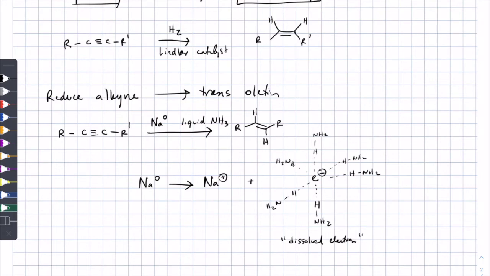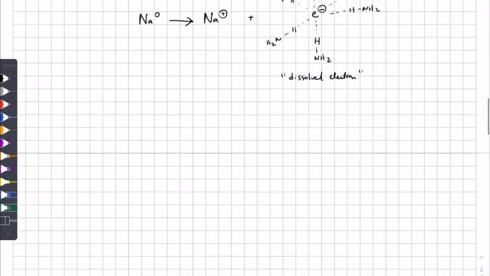So the two different stereochemical outcomes of reducing the alkyne allow us to stitch together these reactions with some other reactions that we've learned recently to solve some challenging synthesis type problems.